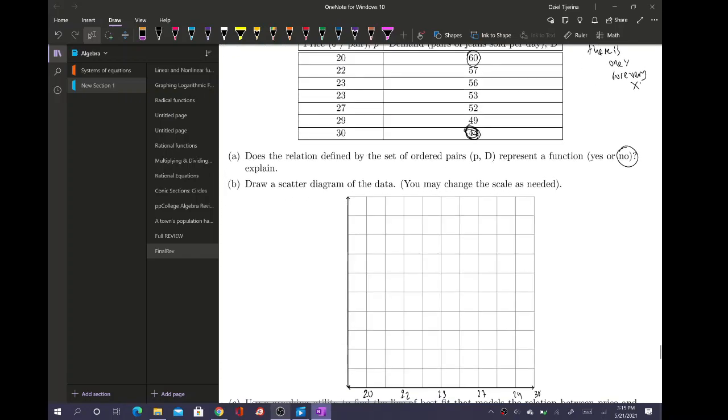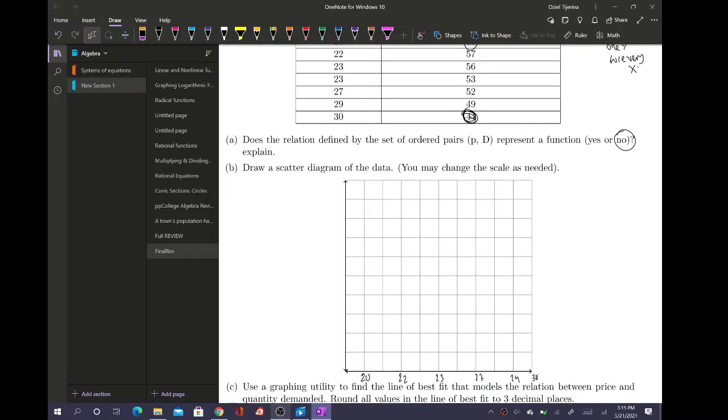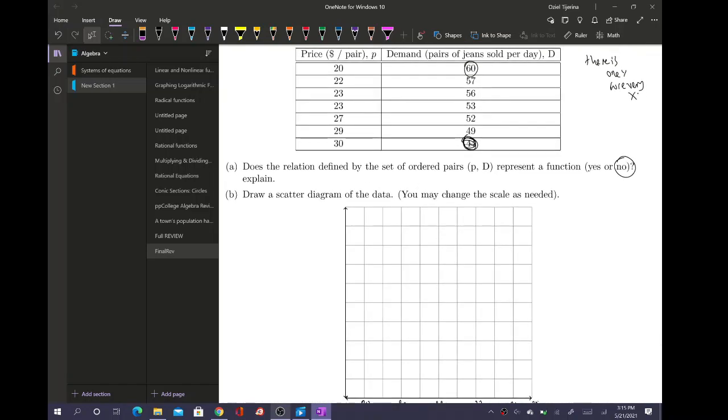Let's see. So I'm just gonna do it the way that I think it looks.